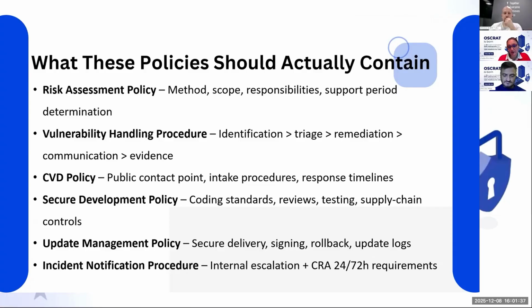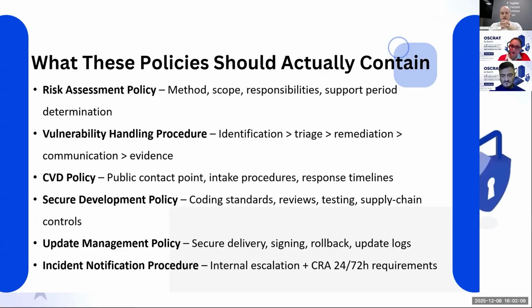And for coordinated vulnerability disclosure, the CVD policy must describe a public contact point, intake procedures, and response timelines. Also, a secure development policy covers coding standards, reviews, testing, and supply chain controls.